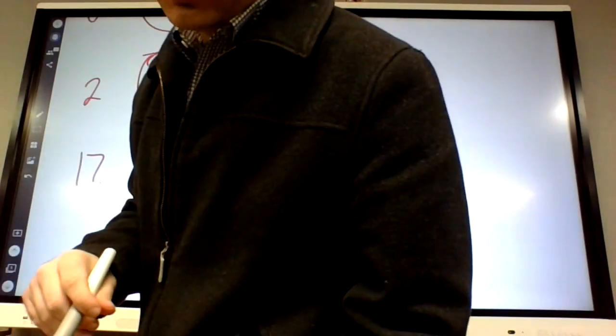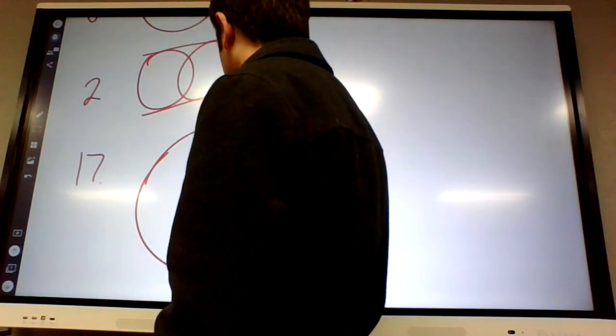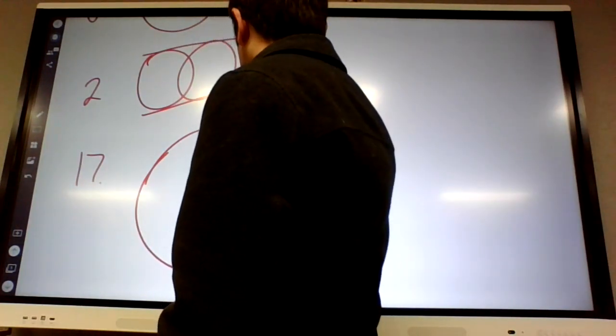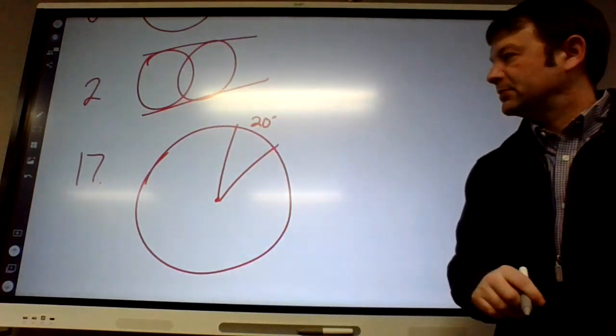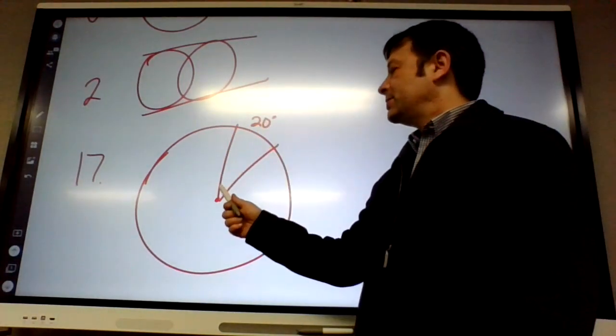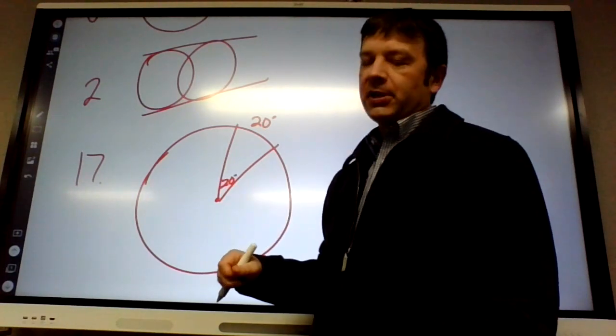So it said the 20-degree arc. That'd be about like that. If the arc's 20, what's the central angle right here? They didn't really ask that, but the length of the arc is 3 pi centimeters.